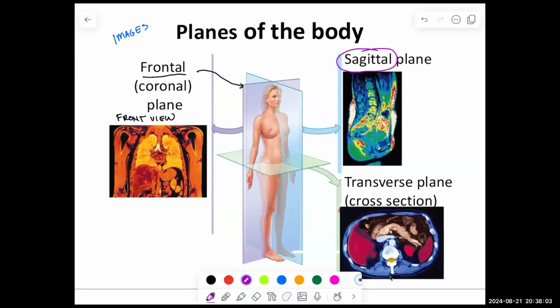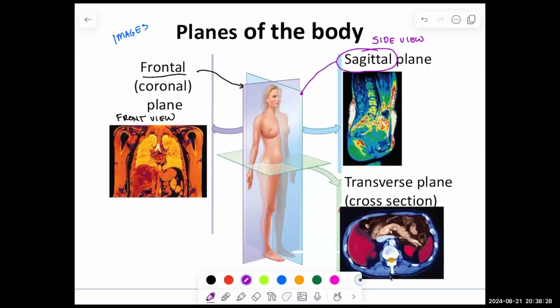The sagittal plane cuts the person in this blue. So it's like down the center. It could be off to the center, but what it does is it gives you a side view of the person. So remember, a sagittal, side view. Frontal, front view.